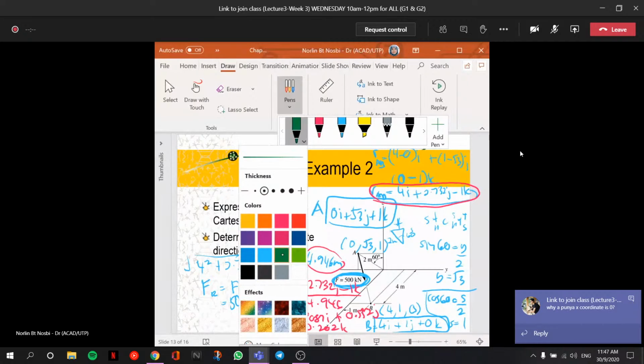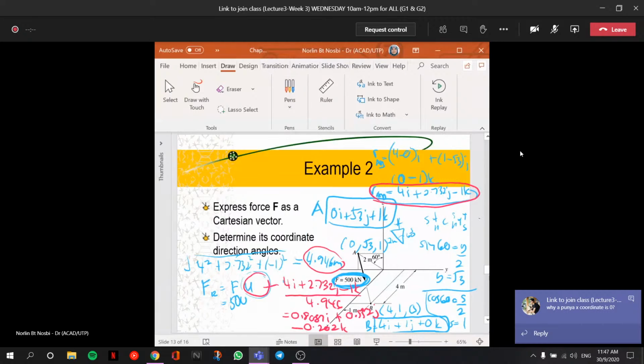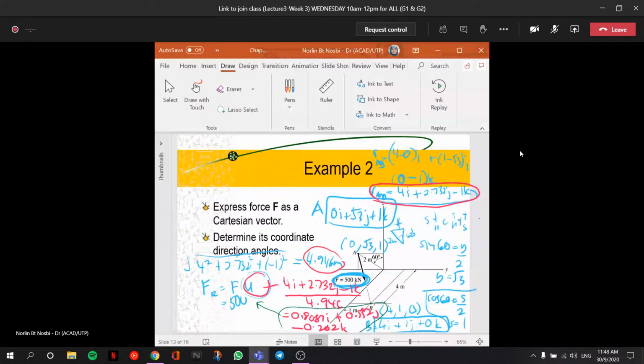So this value you need to multiply by 500.